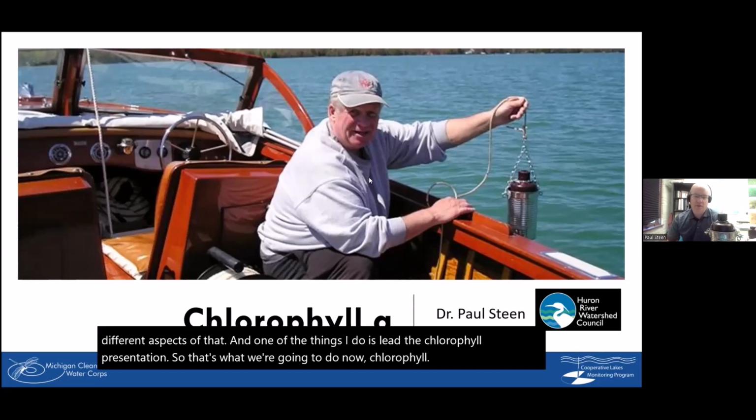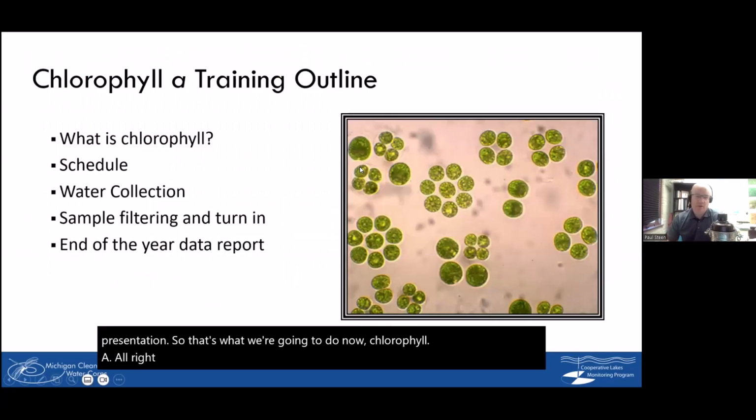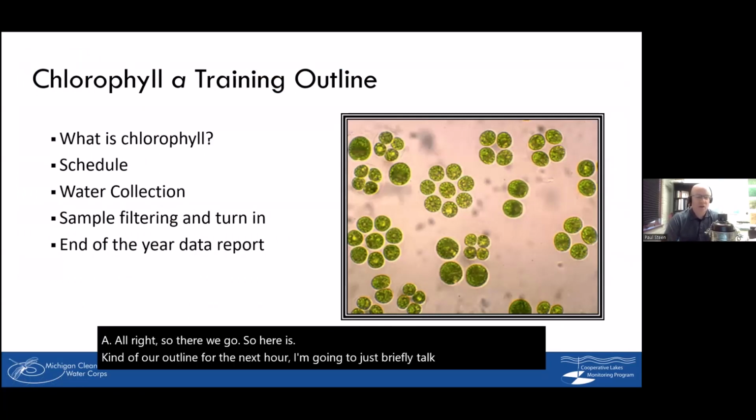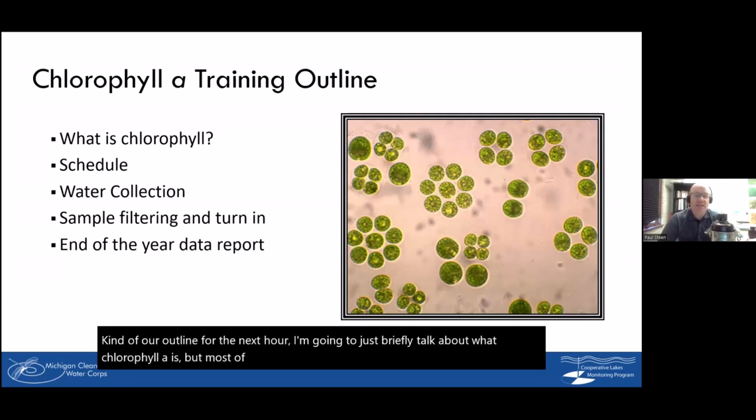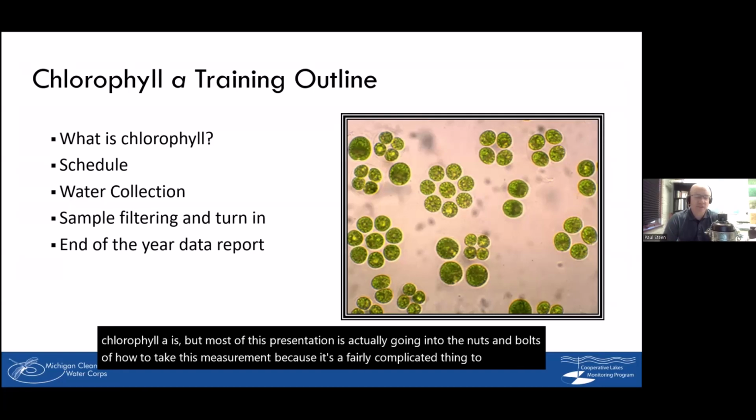All right, so there we go. So here is kind of our outline for the next hour. I'm going to just briefly talk about what Chlorophyll-a is, but most of this presentation is going into the nuts and bolts of how to take this measurement, because it's a fairly complicated thing to do, and lots of steps.